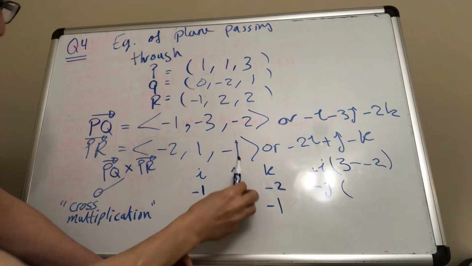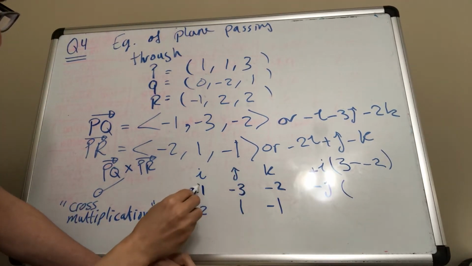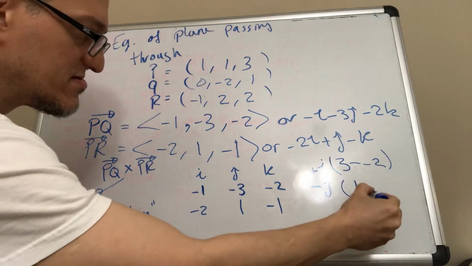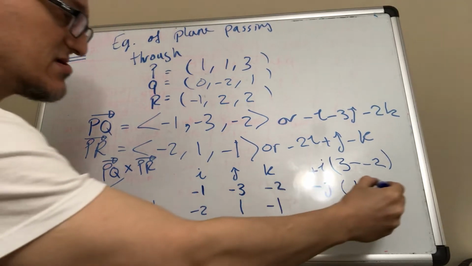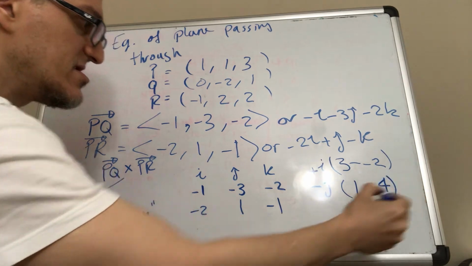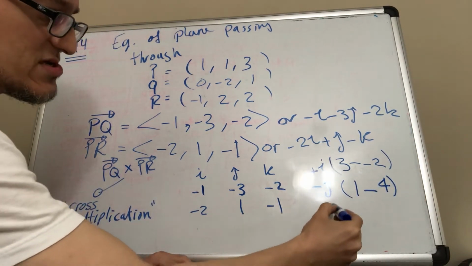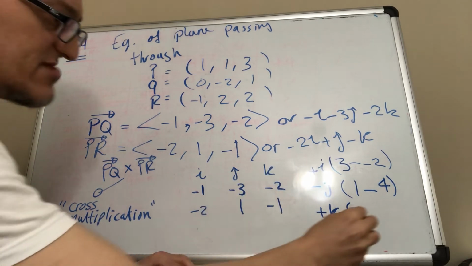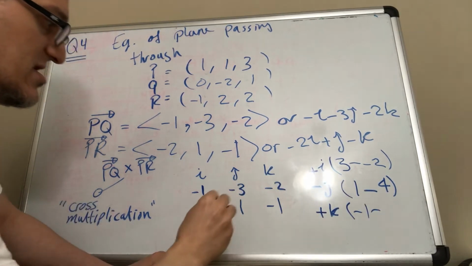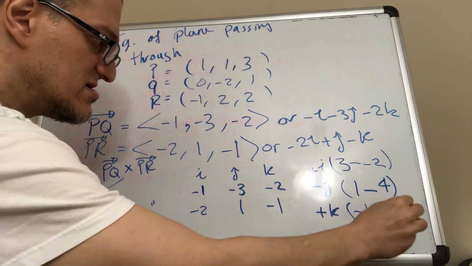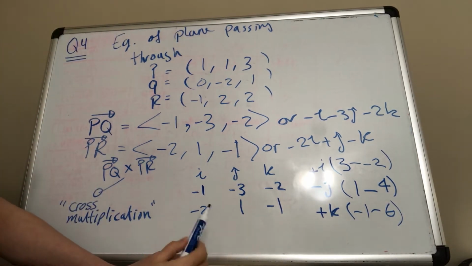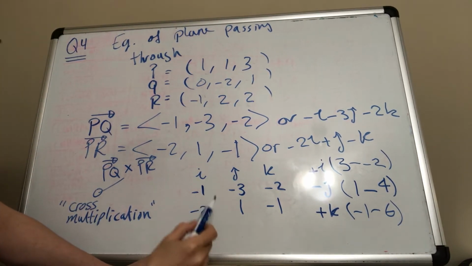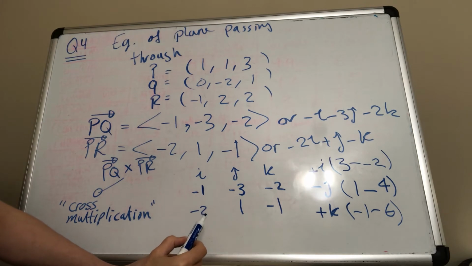You hide the j column, and you do the same thing. This times this is 1, minus this times this is 4. You go to the last one, that's positive. You hide the column. This times this is -1, and this times this is 6. So once you did this, you get your vector of the cross multiplication.